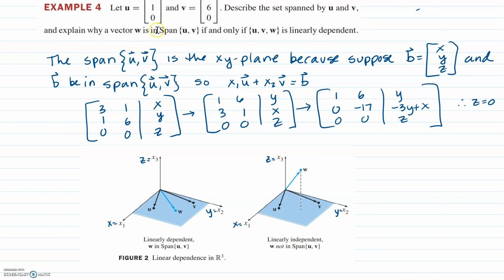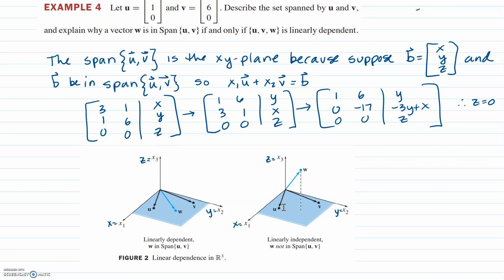So when w is in the span of u, v, it's also in the xy plane. We just proved that. And since all three of these are now in the xy plane, we can find any point on w by adding some multiple of u to some multiple of v.